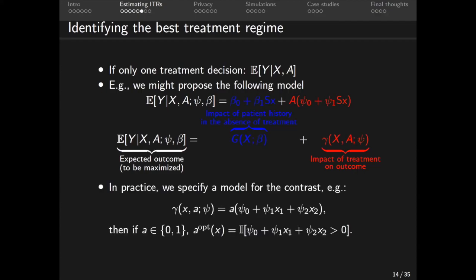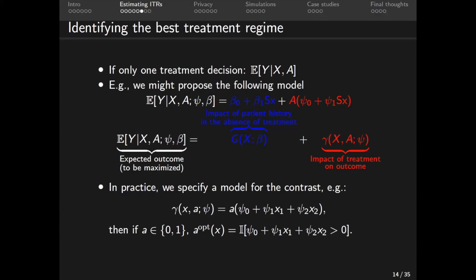All right, so in practice, I specify a model for this contrast. This is the most general form. This is a version of it with one covariate. But actually, I can put in as many covariates as I want. Okay, main effect of treatment, treatment covariate interactions. That's the key. When I specify this contrast in this way, it turns out I have a really simple specification for optimal treatment allocation.